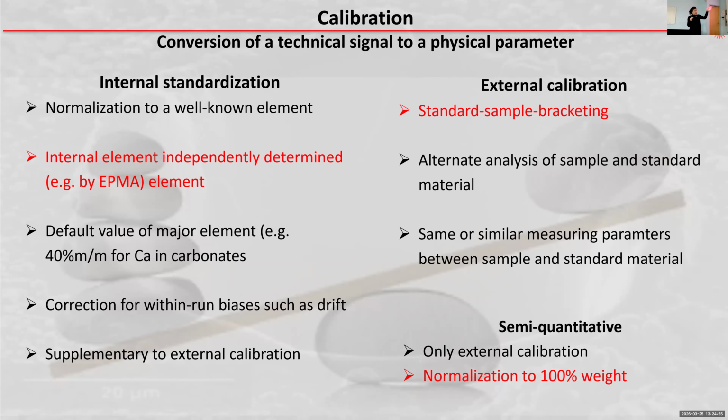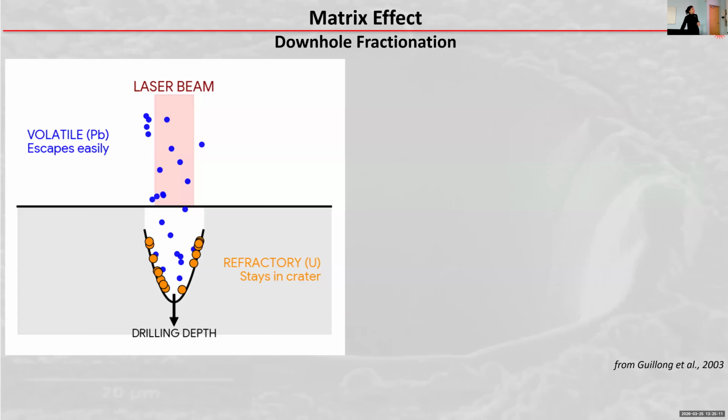Now, exactly like with the primary standard, you assume that this element behaves similarly to your analyte during ablation, during transport to the plasma, and in the plasma, which is not always given, right? So it's an approximation. And this is shown by the very strong effect of downhole fractionation.